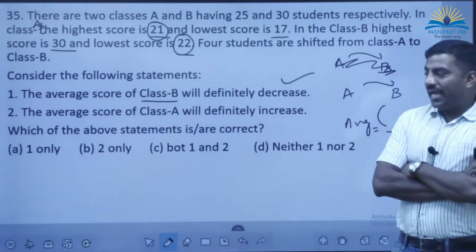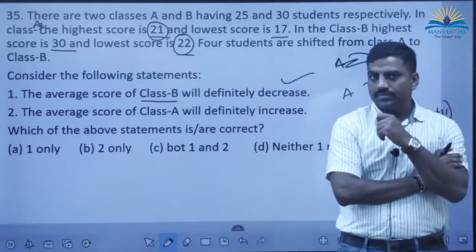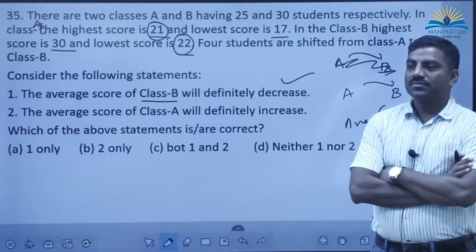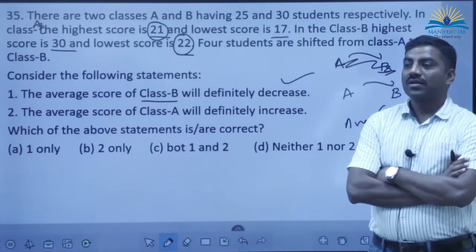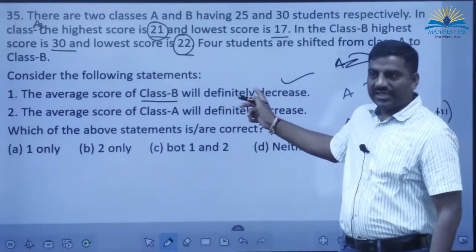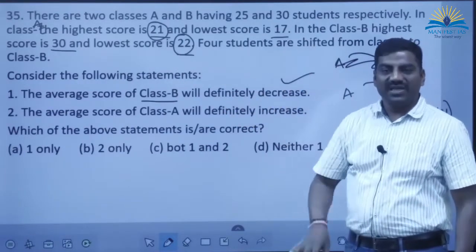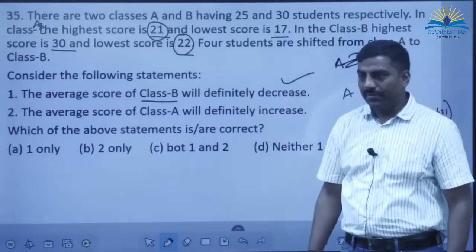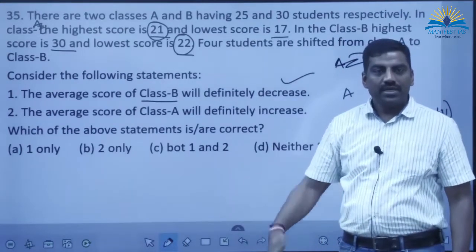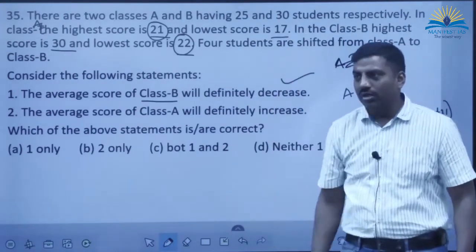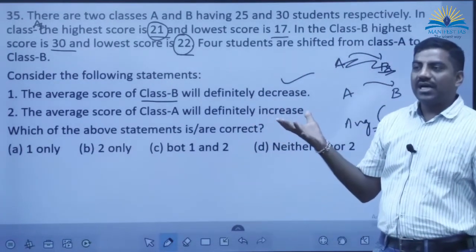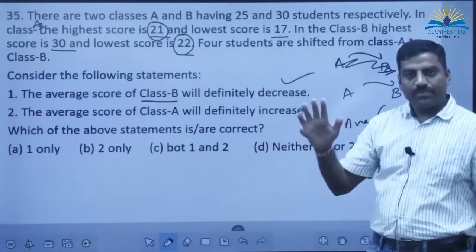See, in the first case, send whomever to class B. Definitely, a person going from class A is performing lesser than class B. Definitely, the average of class B will come down. Yes. While you check the average performance of class A.